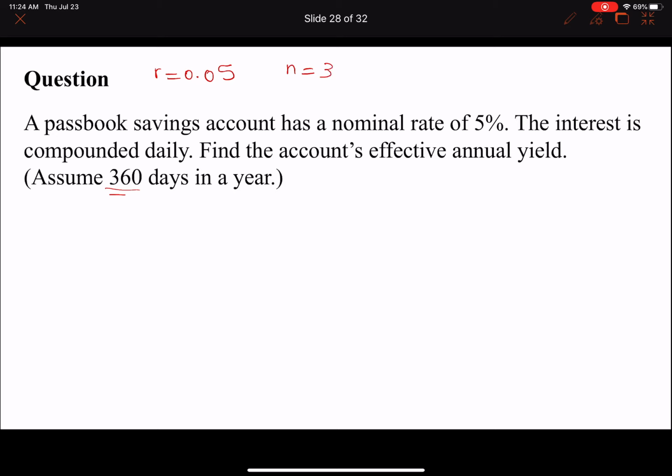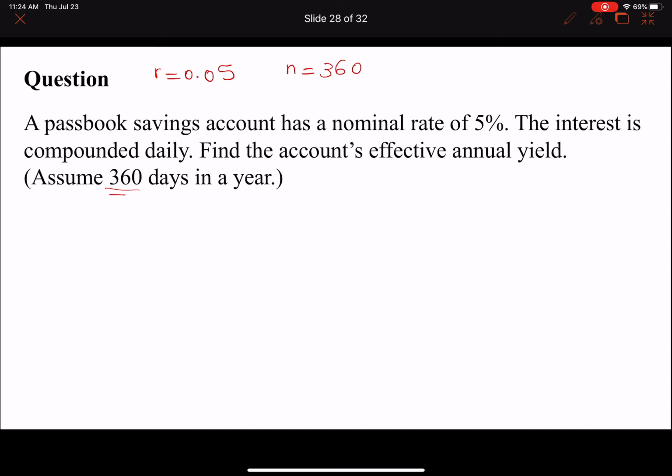So n is 360. Even if you go with 365, that's right, so don't worry about that. The answer is going to be very, very close. So find the account's effective annual yield, where the interest is compounded daily.